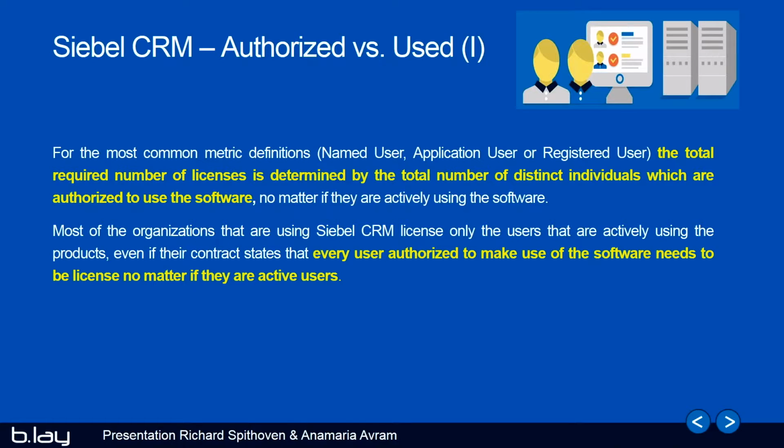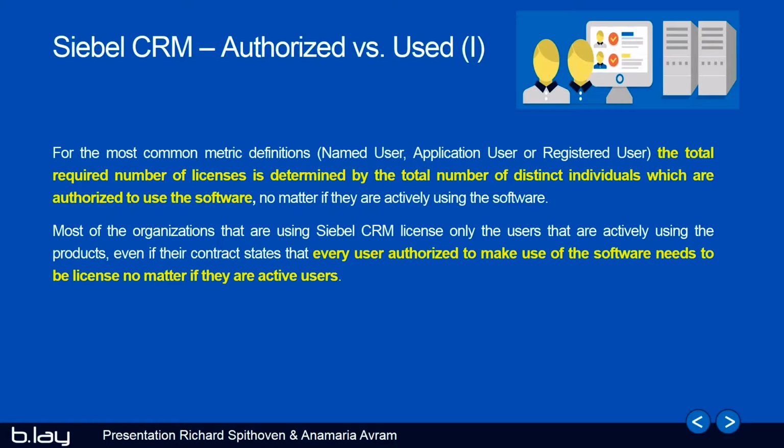And for this type of metric, the total required number of licenses is determined by the total number of distinct individuals who are authorized to use the software, no matter if they are actively using it or not.